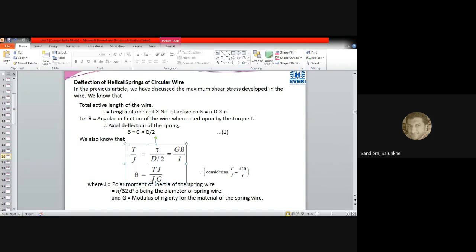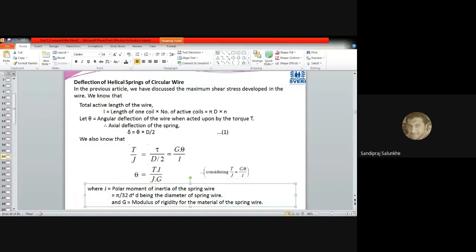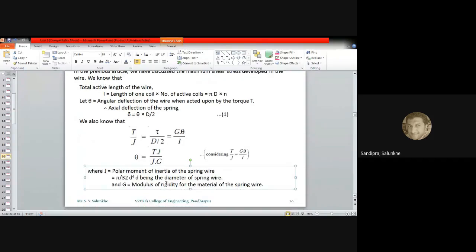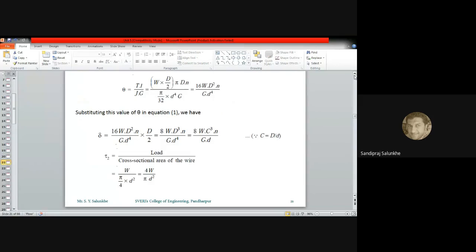Any doubt? Here this polar moment of inertia J is calculated as pi by 32 d raised to 4. G is the modulus of rigidity, and this equation can be derived.